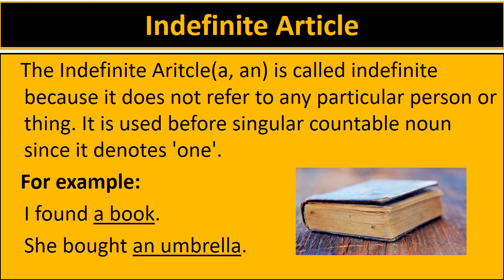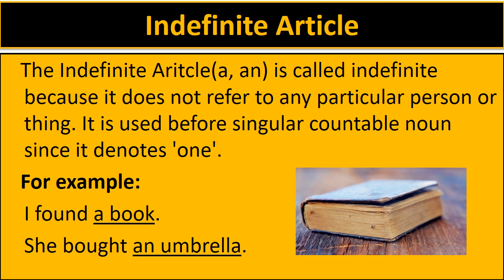A boy means one boy. A pen means one pen. So students, whenever you are filling the gaps during your examination, you must remember this thing. If your noun is uncountable or plural, you cannot use a or an before them. A and an is used only before singular countable noun.